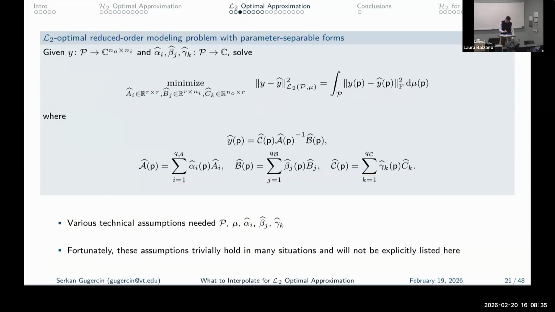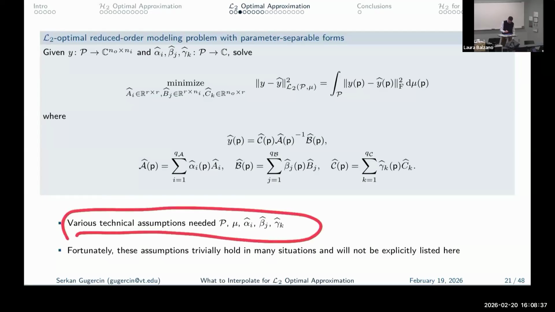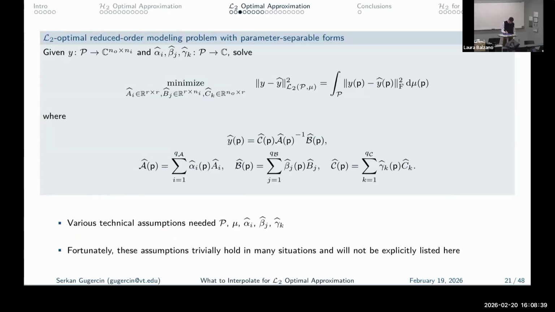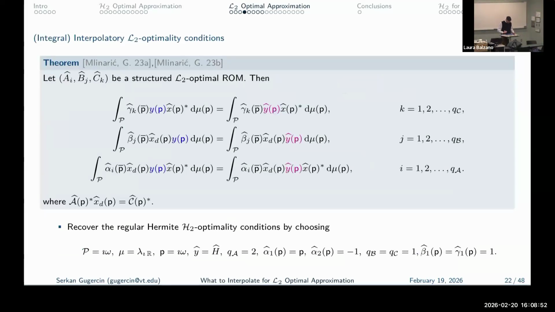For these things to make sense, there are various technical assumptions on what these coefficients should be, what should be the P mu. Fortunately, as we have shown in some papers recently, these assumptions that are necessary for this problem to make sense trivially hold in many cases. And then these are the general L2 optimality conditions.